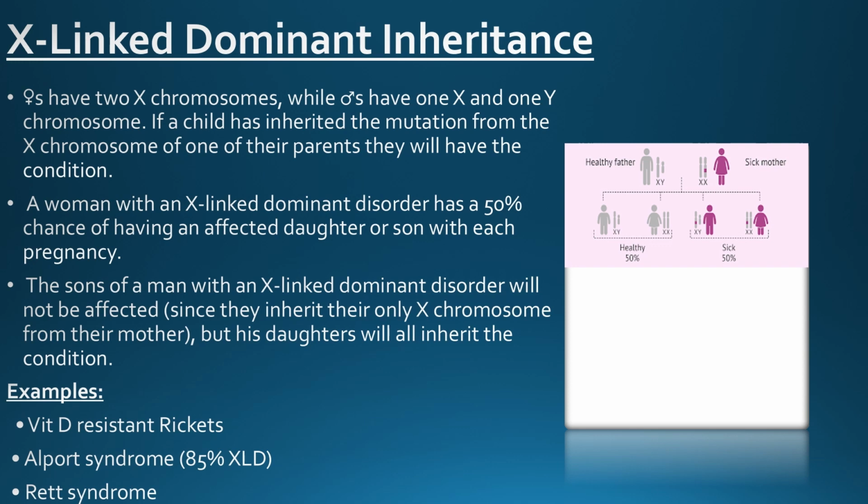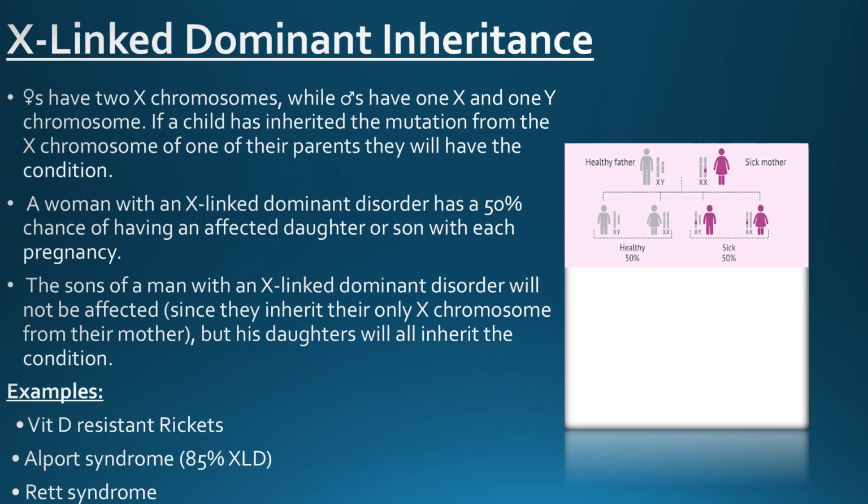Moving on, let's learn the X-linked dominant inheritance. We already know that females have two X chromosomes, whereas males have one X and one Y chromosome. So if a child has inherited the mutated X chromosome, even from one parent, they will manifest the disease.